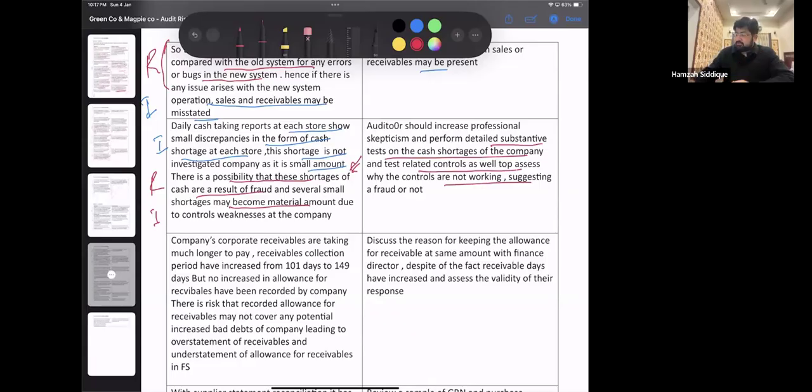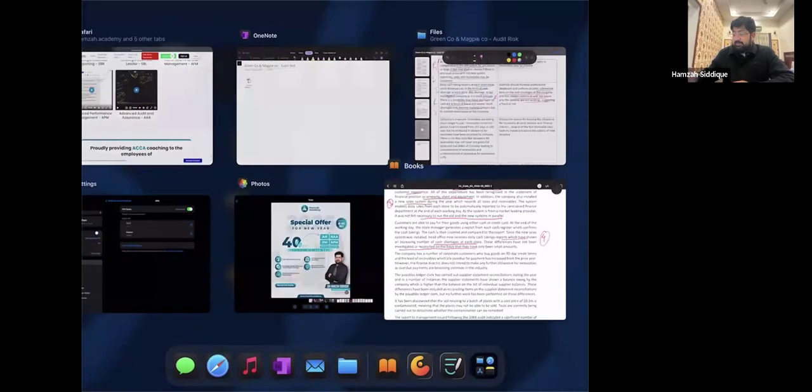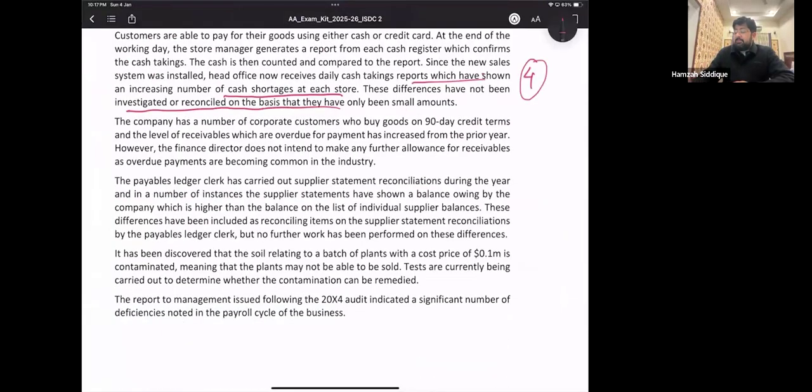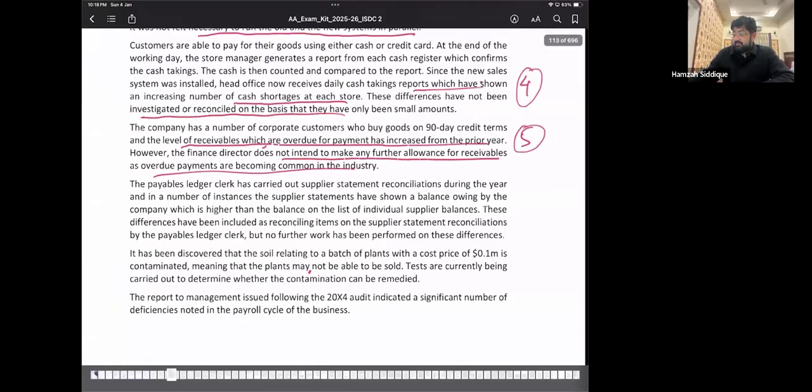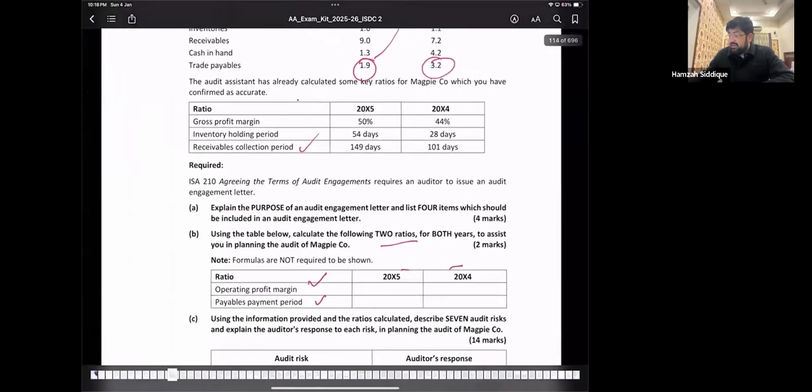Now, majority of the points are repetitive. The company has a number of corporate customers who buy goods on 90-day credit terms, and the level of receivables which are overdue for payment has increased from the previous year. Receivables have increased, and we can give reference that receivable days are increasing.